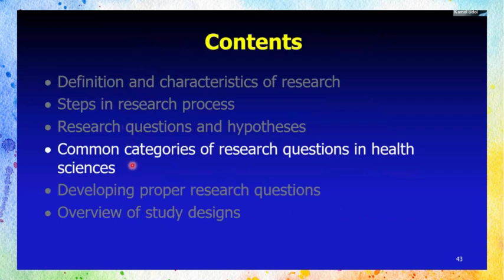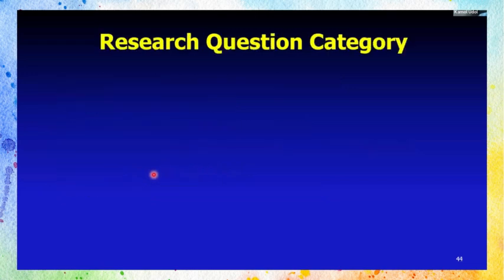Now let's talk about research question in health science in more details. Research questions in health science can be categorized into groups. In the broad sense, there are two broad groups in terms of research question category in health science.